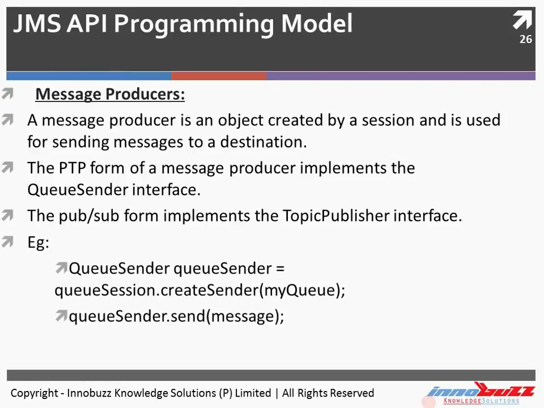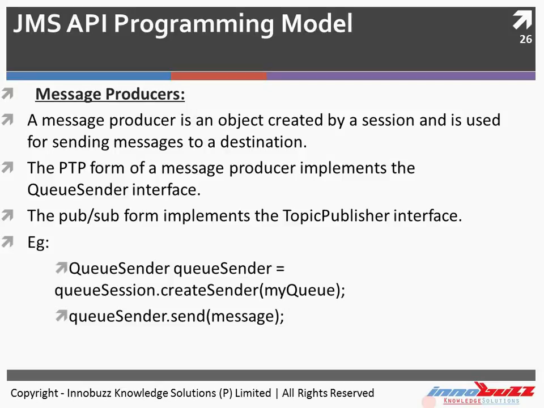Consider, for example, the queue sender interface. First you get the instance of the session, which we saw in the earlier slide. After getting the session instance, you can create a sender, passing in the queue, and then send the message.